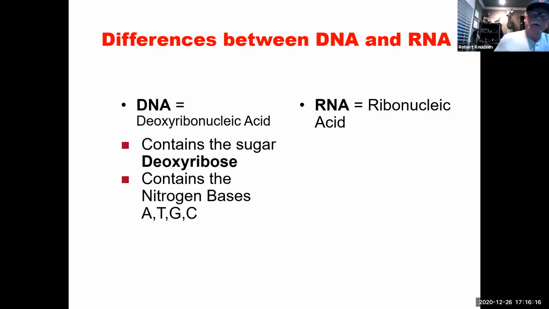Bases in DNA are A, T, G, and C. What are they? Go back to your notes. That's why you're taking these notes, to refresh your memory. Am I going to tell you in about a blink of an eye? I sure am. But I want you to think about it. Okay?